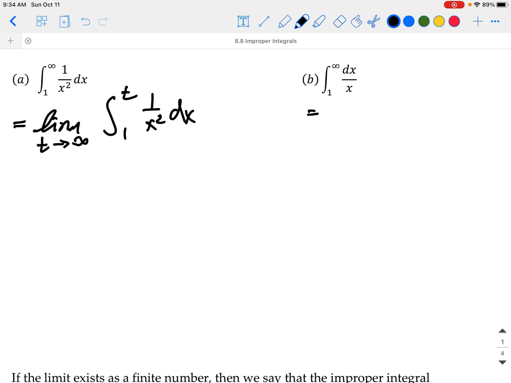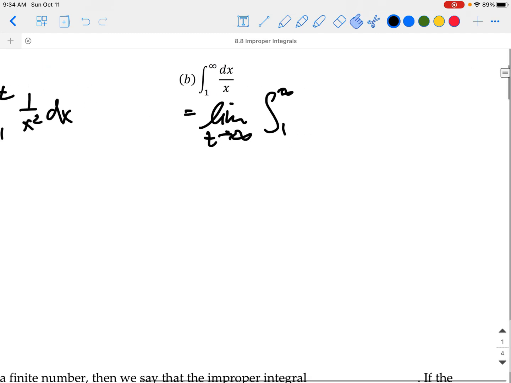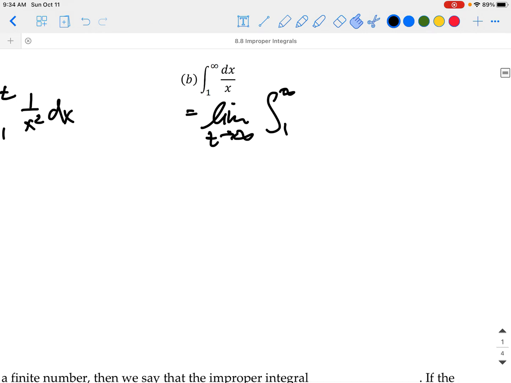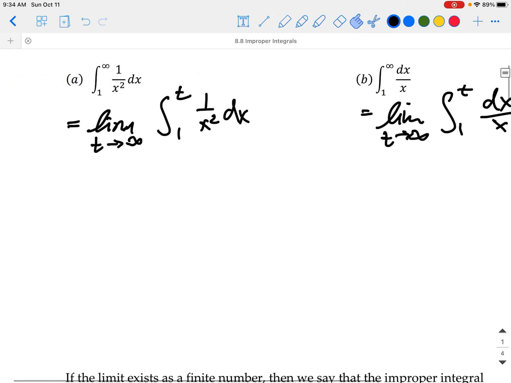And we'll do the same thing for b: the limit as t goes to infinity of the integral from 1 to t of 1 over x dx.